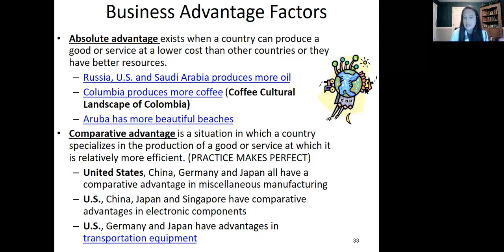So when a country has an absolute advantage, that means that they can make something or can produce something because of their land, their natural resources, their weather. So for example, we know in the United States, there's only certain states like Florida, California, that are warm enough to grow stuff like bananas and avocados and lemons and limes and coffee.